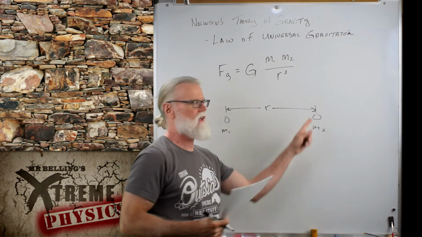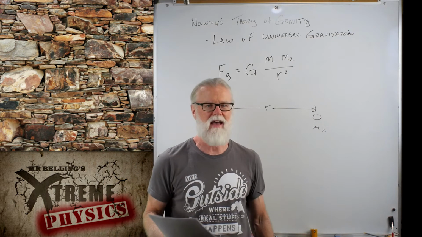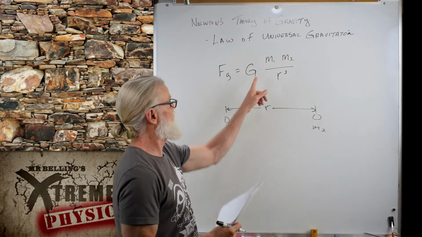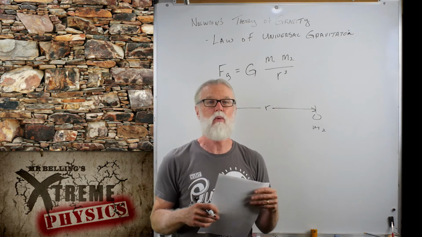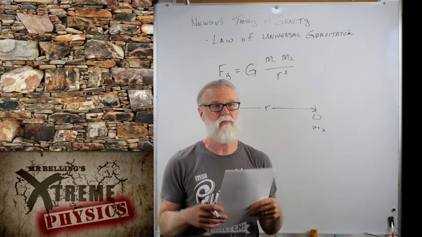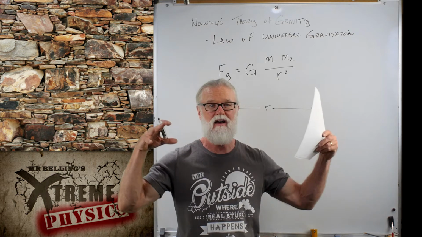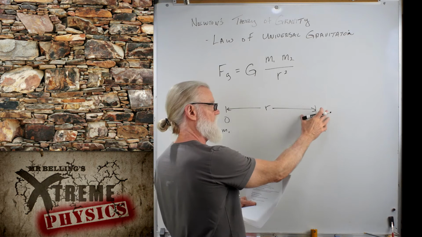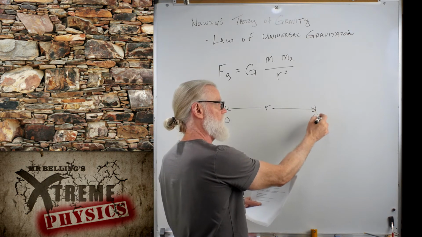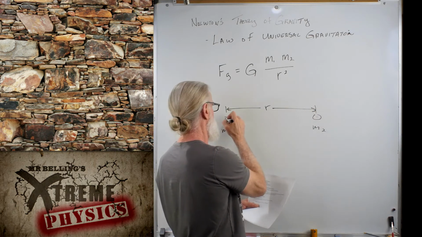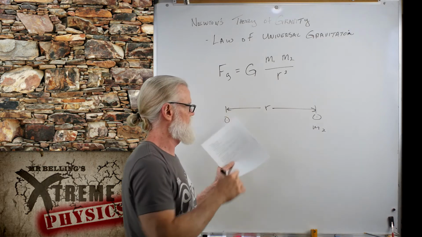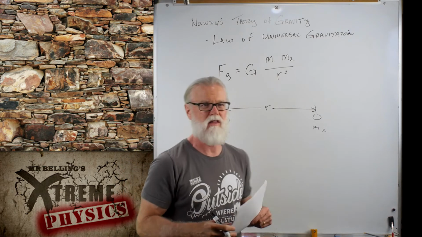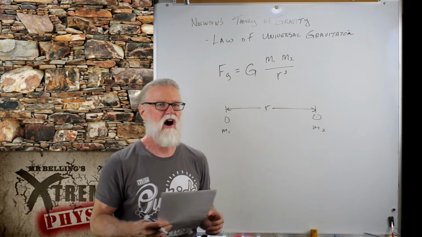Notice I drew that line from the center of masses because technically this only applies to point masses. It doesn't apply to extended objects. So we think about shrinking this down to a point, right at the center, and this would be at the center too. So the distance between them is from their centers of mass.